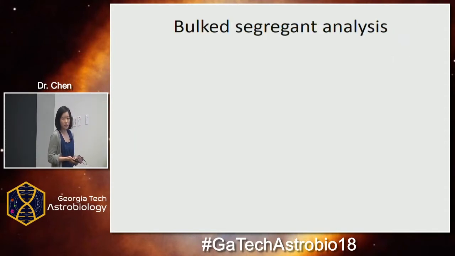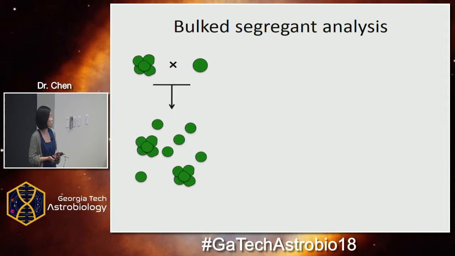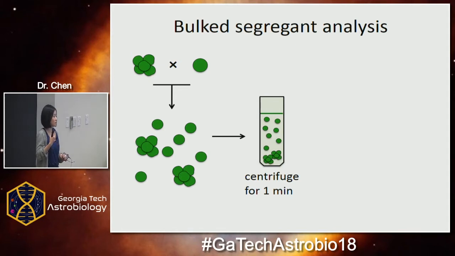So to actually do this with algae, we mated our evolved multicellular phenotypes with a unicellular strain to generate an F2 population with different combinations of the mutations. So some of the cells are multicellular and some of them are unicellular. And then we select the multicellular phenotype by centrifugation briefly, so that the bigger ones sink to the bottom more quickly.